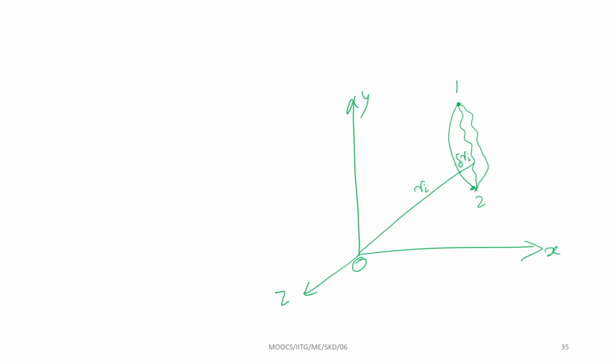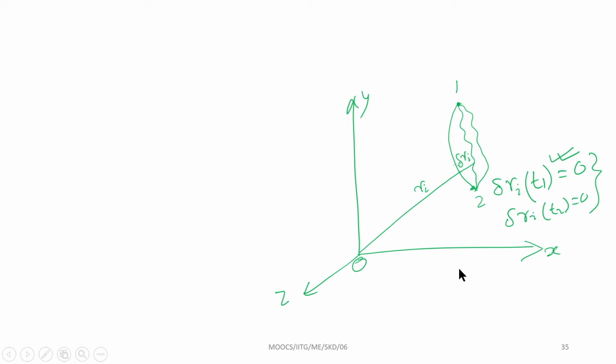So it meets at points 1 and 2, that means delta r I at t 1 and t 2 is equal to 0: delta r I at t 1 equals 0 and delta r I at t 2 also equals 0. This is the basic assumption in this extended Hamilton principle.